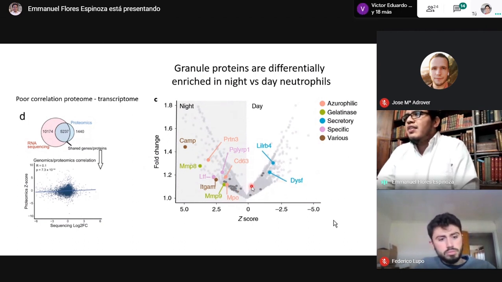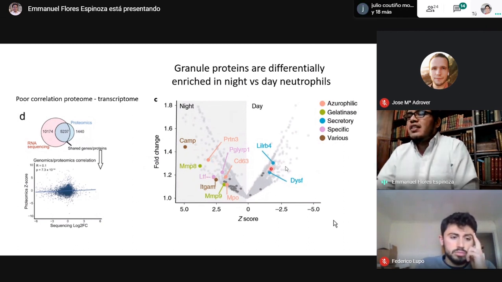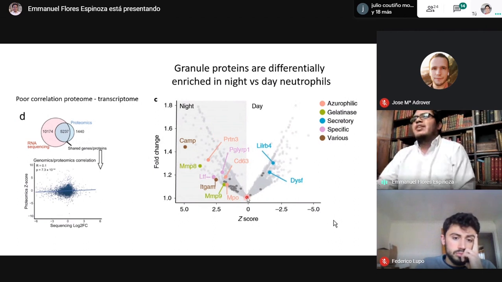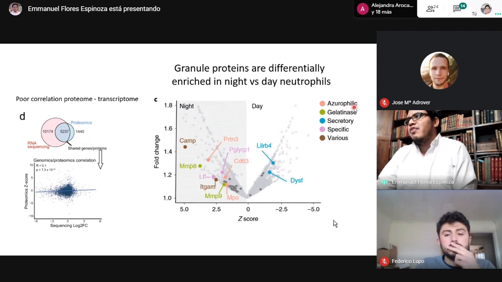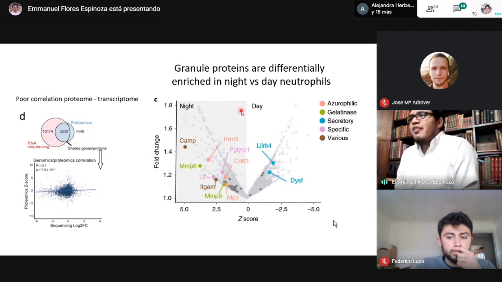These color coded dots have a significantly differential presence in these two types of neutrophils. They are present in neutrophilic granules, like the pink dots, and the different granules, and we can see that there is clearly more enrichment of these proteins in the night-like neutrophils against the day-like neutrophils.